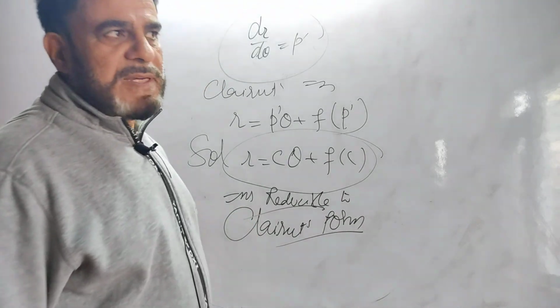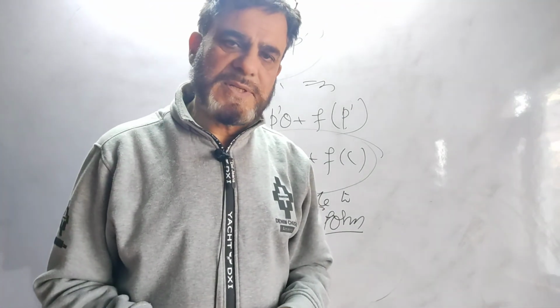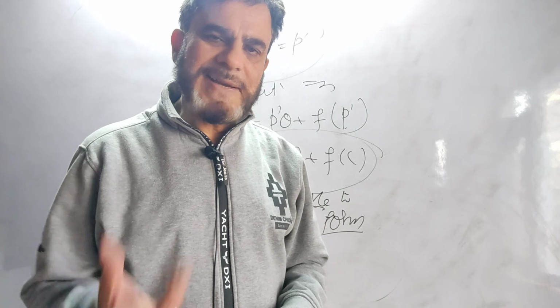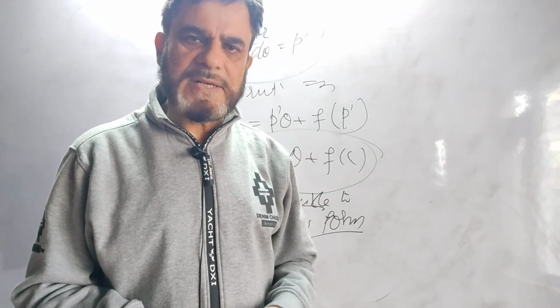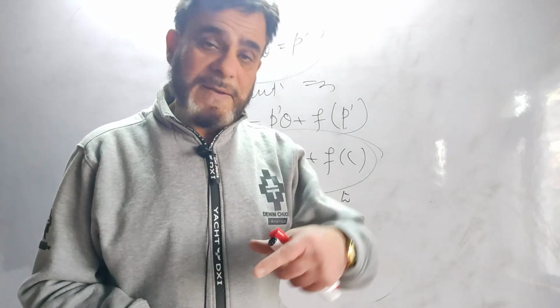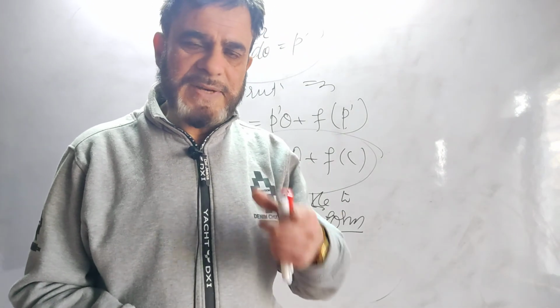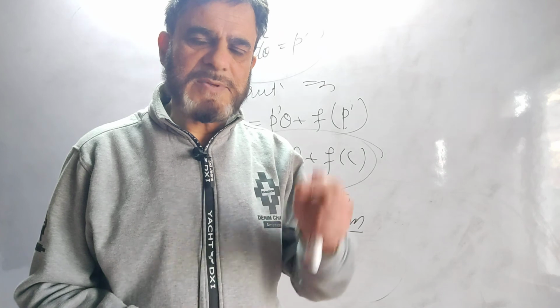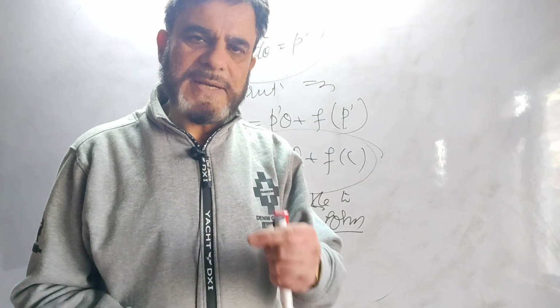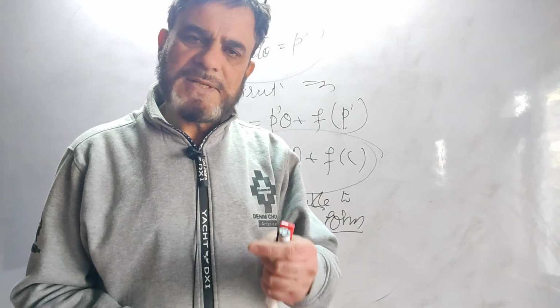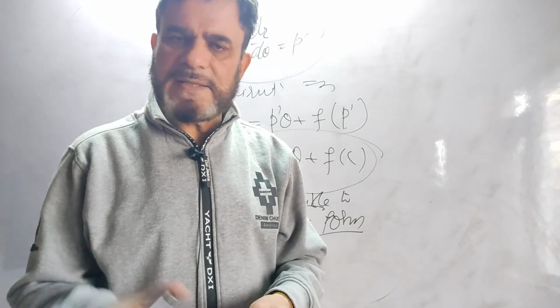We can reduce some equations. Somewhere it is possible to reduce differential equations by a change of variable method. By change of variable, you can reduce the differential equation to Clairaut's form. When it gets reduced to Clairaut's form, you do not have to go for its solution. Whenever it takes Clairaut's form, you simply replace p by c. If it is p dash, then take it as c. Then that will be the solution.